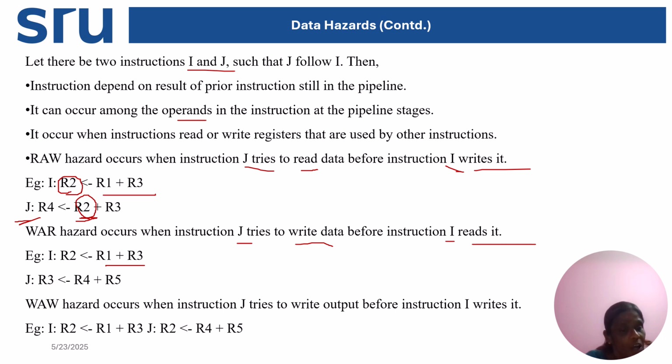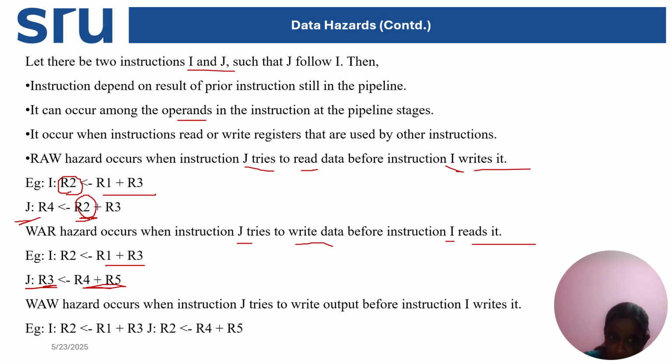But J: R3 = R4 + R5. So here what is R3? Here R3 is common data. But here R3 is equal to R4 + R5.